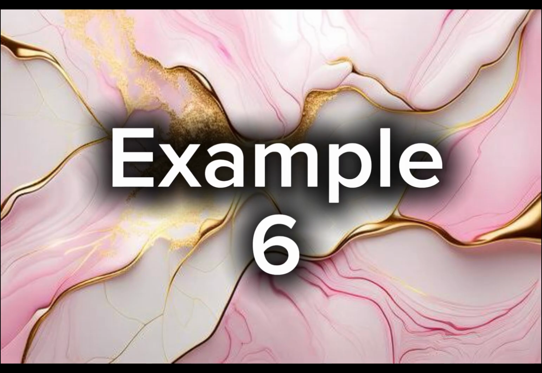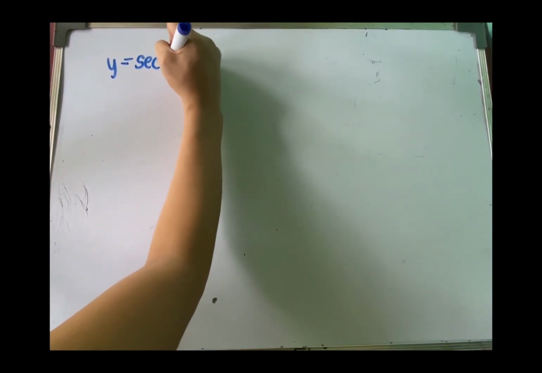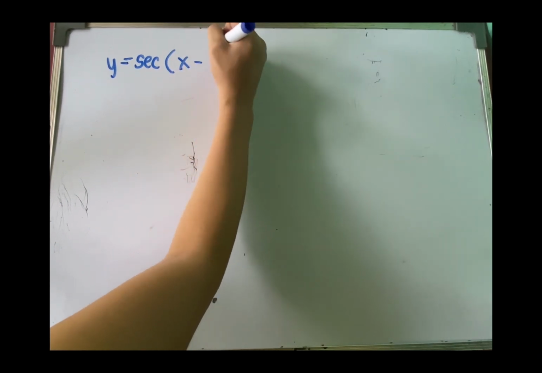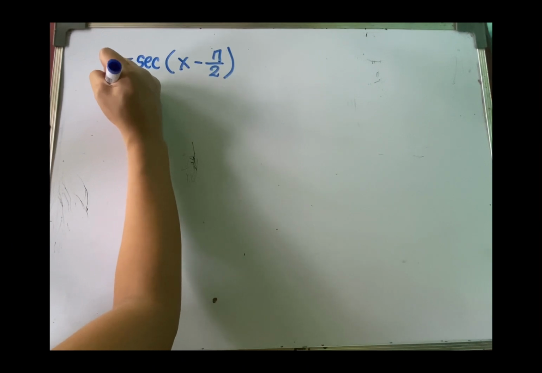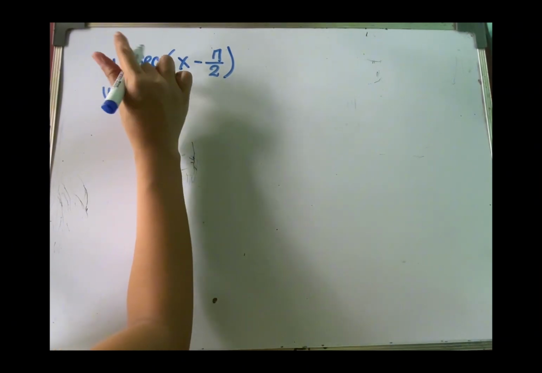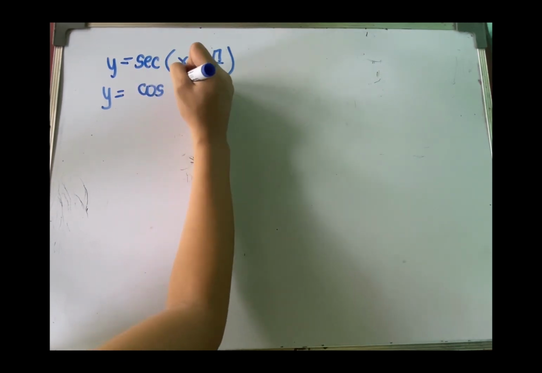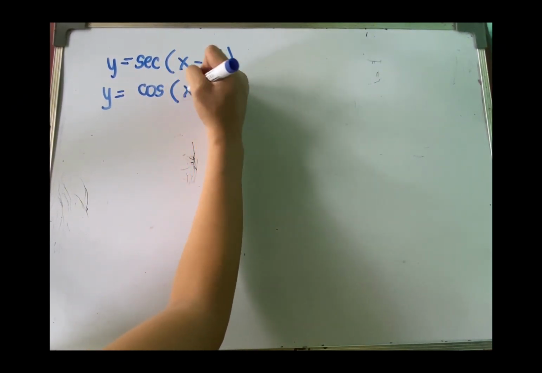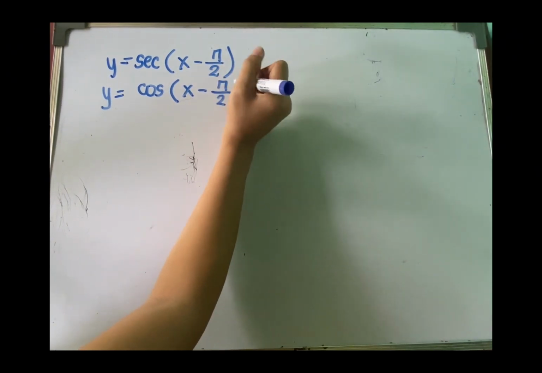And now let's have example number 6 for secant. y is equal to secant of x minus pi over 2. So the reciprocal of secant is cosine, so it becomes cosine of x minus pi over 2.